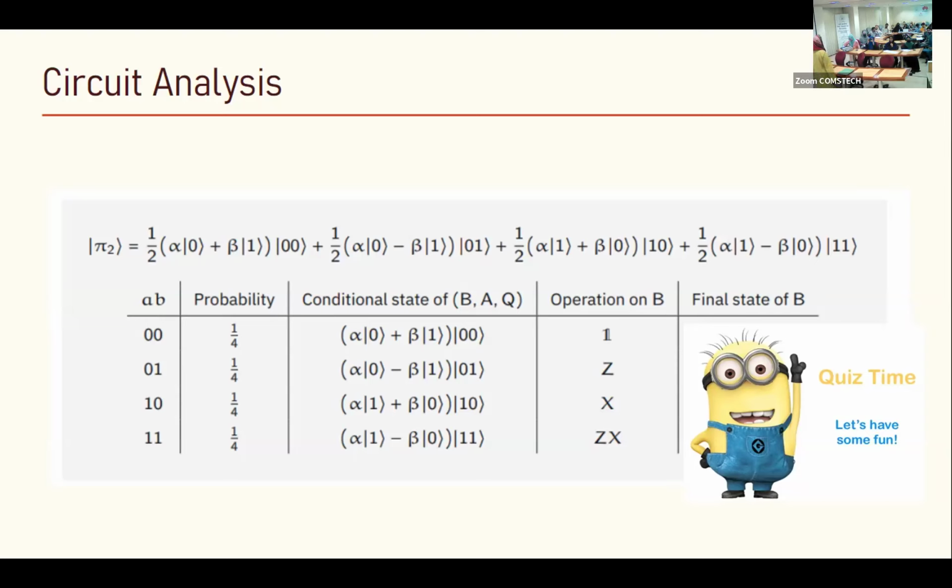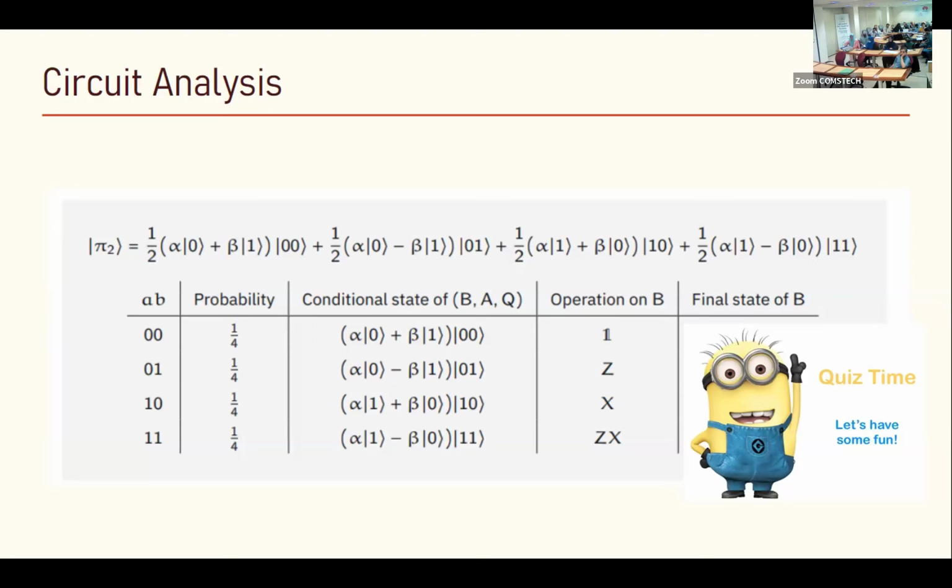Yes? Now what I want you to do is see your registers and see the possibility when the output is 0, 1. If the output is 0, 1, what is the remaining qubit that you have in your papers that you isolated? What is the remaining qubit that you have on the paper? It should be alpha ket 0 minus beta ket 1. Isn't that so?